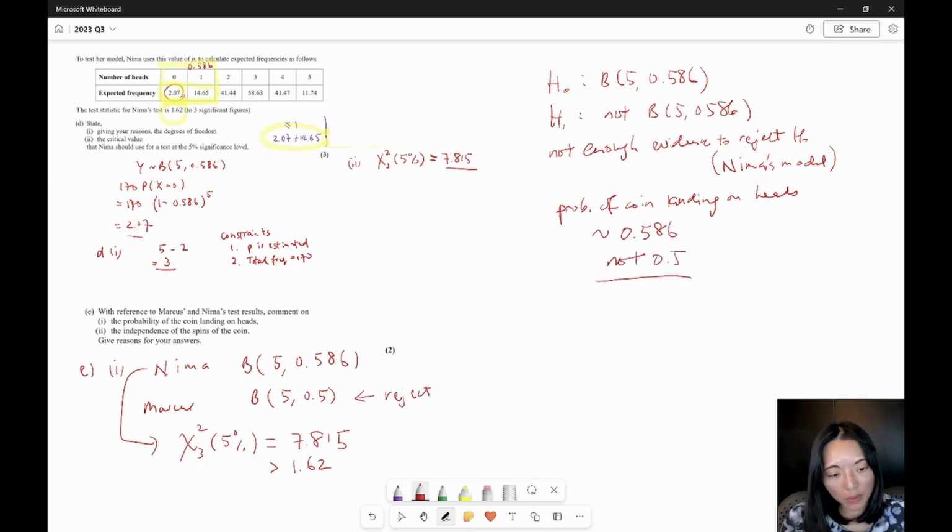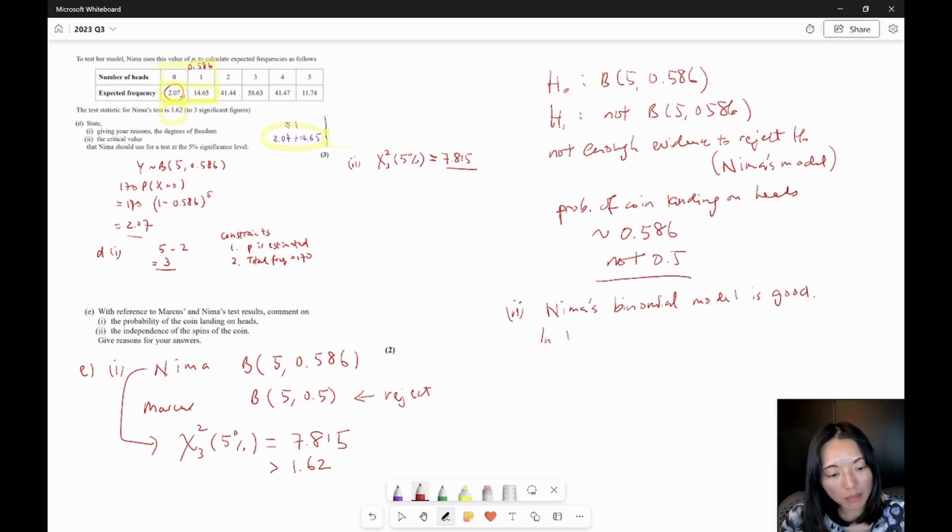So that's part 1. Part 2 is asking us for the independence of the spins of the coin. So what can we say about the independence of the spins, and what do we know about independence of spins in binomial distributions? First of all, we can say that Nema's binomial model is good.